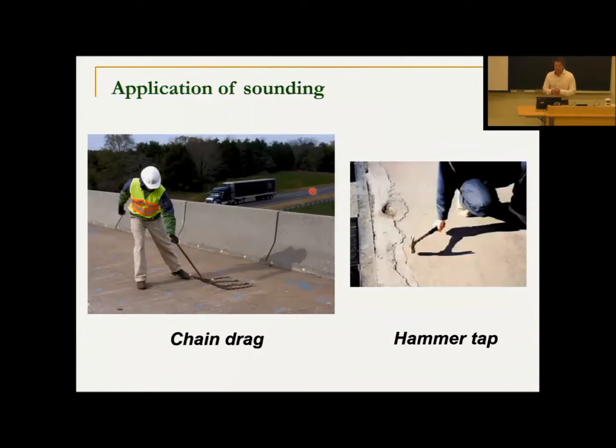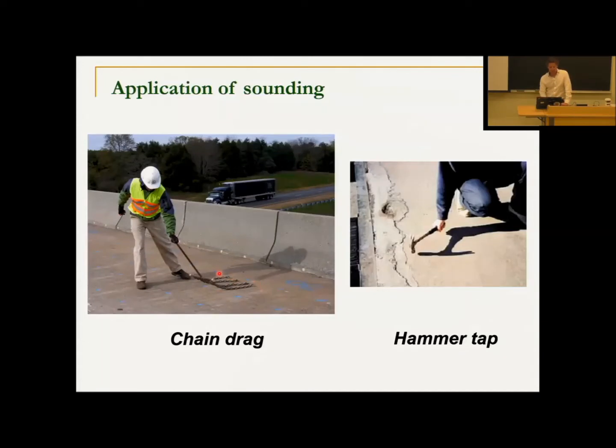So how does sounding work? It's very simple. We have to somehow excite these vibrations, and we can use a hammer to tap and to listen, as you see here. Another effective way is to take a series of metal links in a chain and just let that move on the surface, and that tapping of the chain excites these modes, and that tone happens to match well with human hearing, so that's a very effective way to do that.